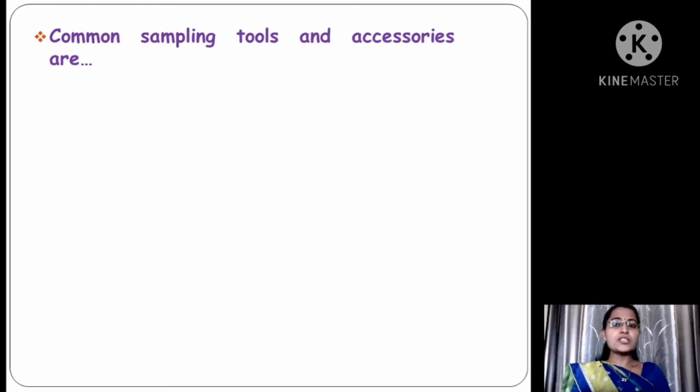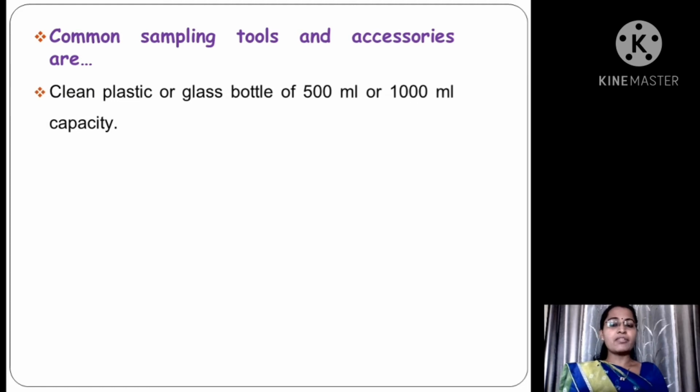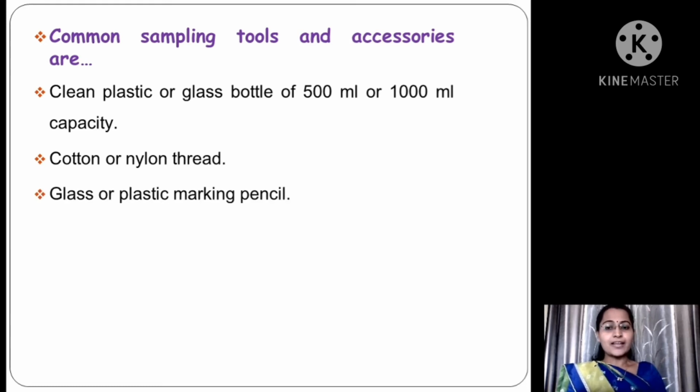Common sampling tools and accessories are what we require when we want to sample. We require clean plastic or glass bottles having capacity either 500 ml or 1000 ml. We also require cotton or nylon thread as well as glass or plastic marking pencil.